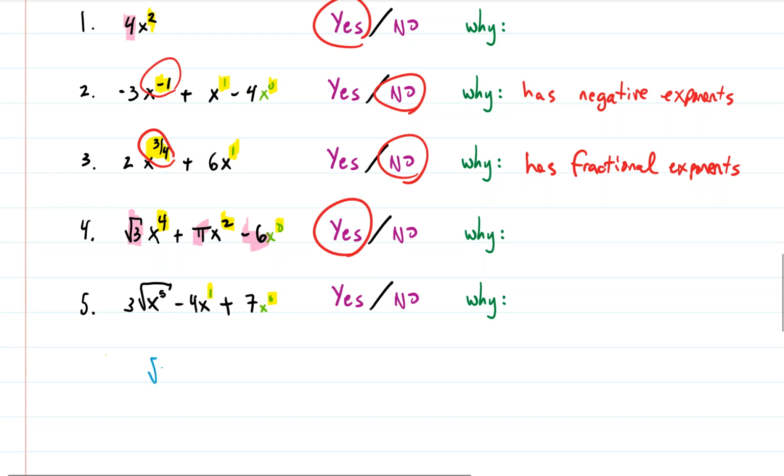The square root of x to the 5th can be written in exponent form as x to the 5 halves. So x to the 5 halves, what's the exponent on that? It's 5 halves. That is a fractional exponent. We can't have that. So right there, we have problems. So this is the issue right there.